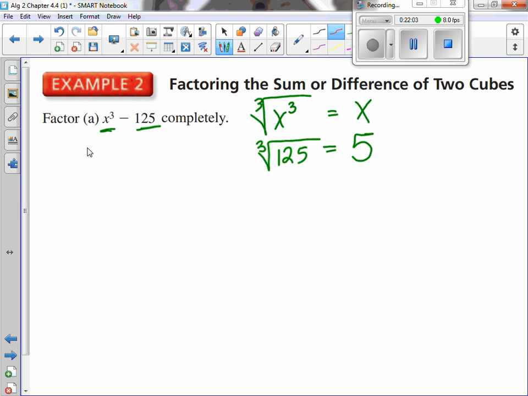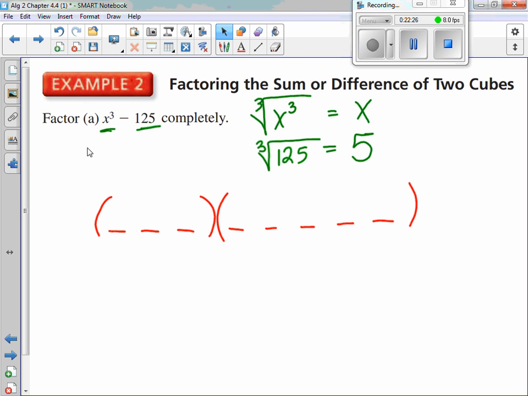Now, with factoring, we normally set up 2 sets of parentheses with 3 spaces. Well, it's going to be a little bit different here. I call this one a tractor trailer, because the first set of parentheses will have 3, and the second set would have 5. Now, let's look at the signs first.